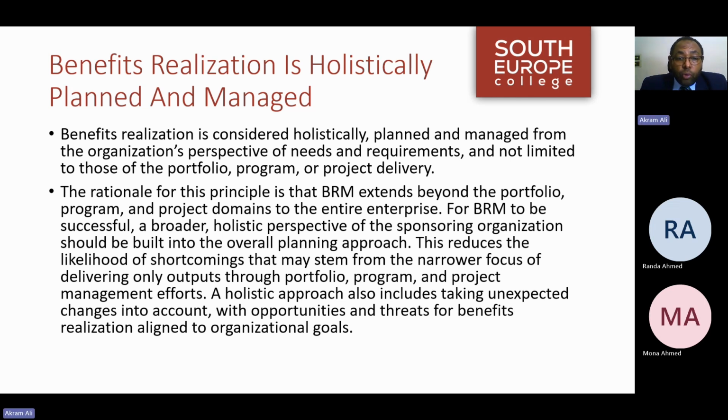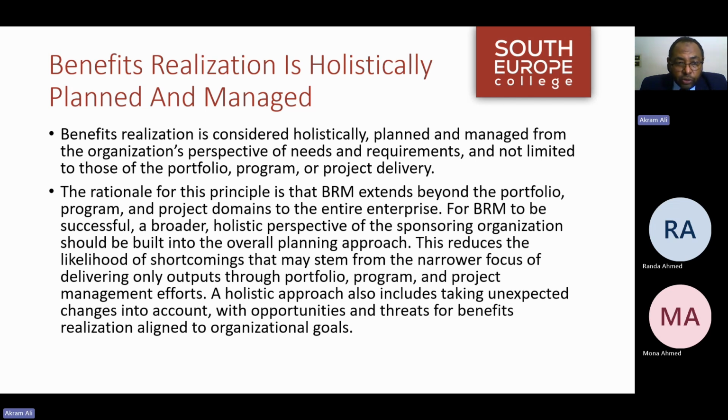The rationale for this principle is that BRM extends beyond the portfolio, program, and project domains to the entire enterprise. For BRM to be successful, a broader holistic perspective of the sponsoring organization should be built into the overall planning approach.